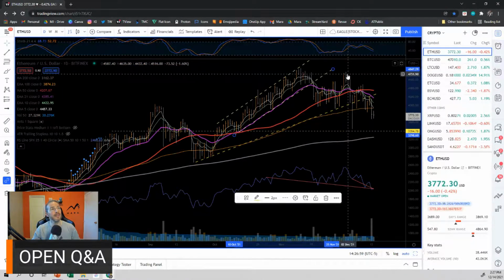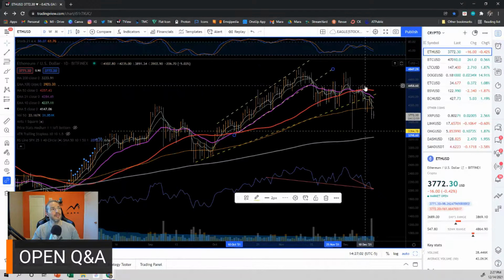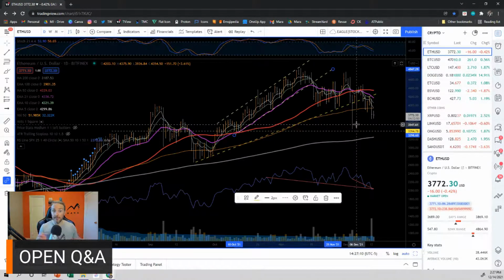There's your high, there's another high. Now it's made a third lower high, and it's making a series of lower lows. Lower low, lower low, lower low. So all of those are factoring into the decision making of, get out of Dodge, wait on crypto to stabilize.